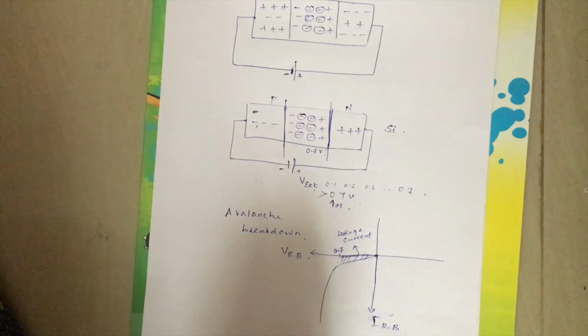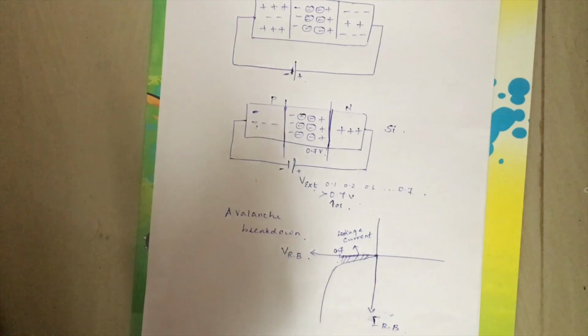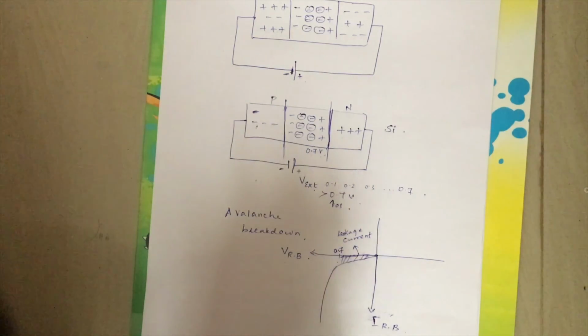Hence, we will not use the diode in reverse bias condition, because applying the voltage to a greater level will break the junction and it will damage the diode. That's why the diode is only used in the forward bias condition, and current will flow in only one direction.